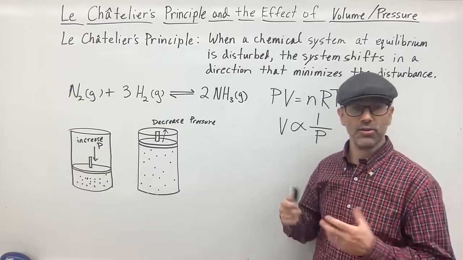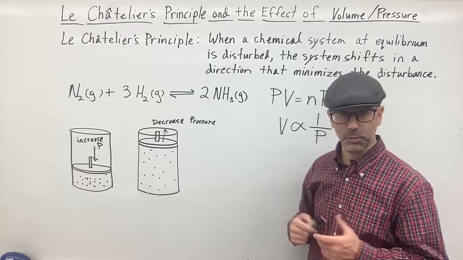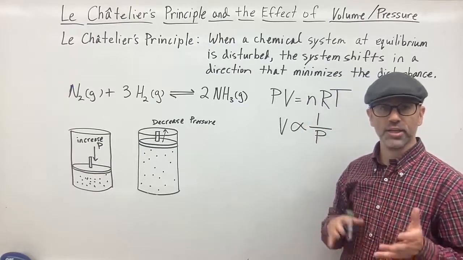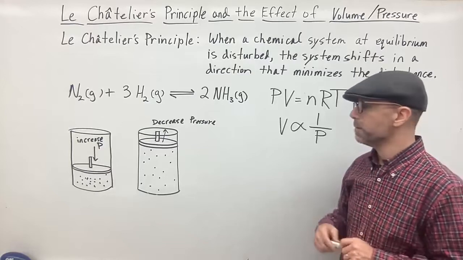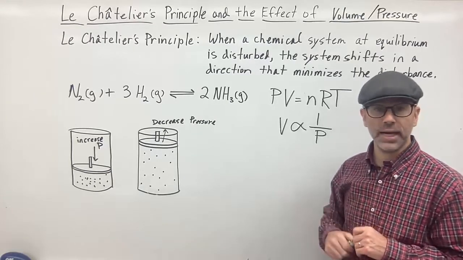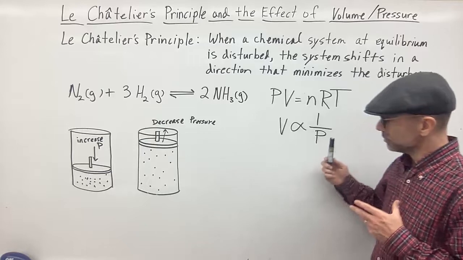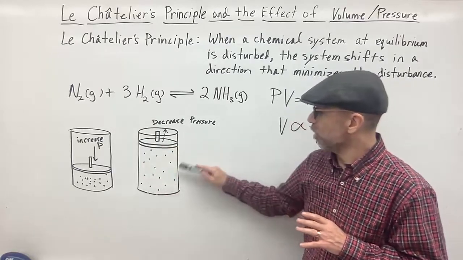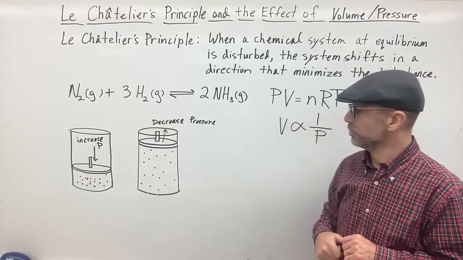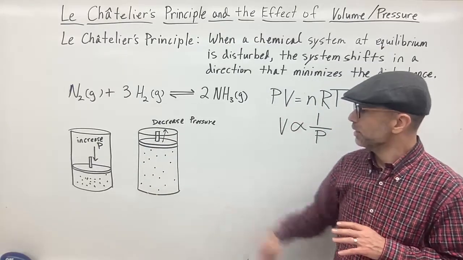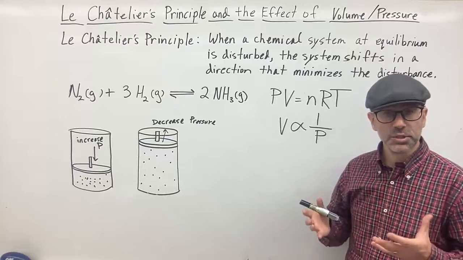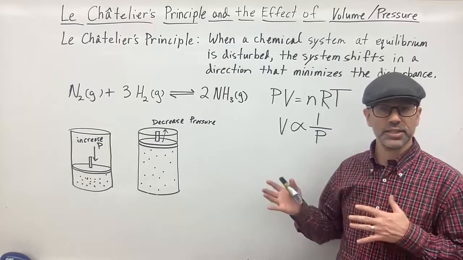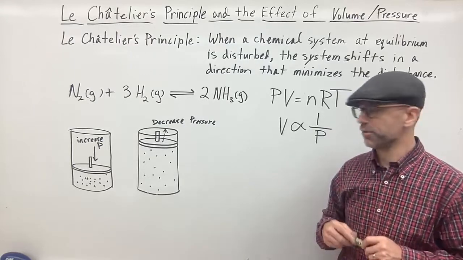And so now, how does this relate to Le Chatelier's principle? And how does the effect of volume and pressure cause the system to shift? Well, if we are changing the volume or pressure of the system, then the system is going to want to shift in order to decrease that effect.